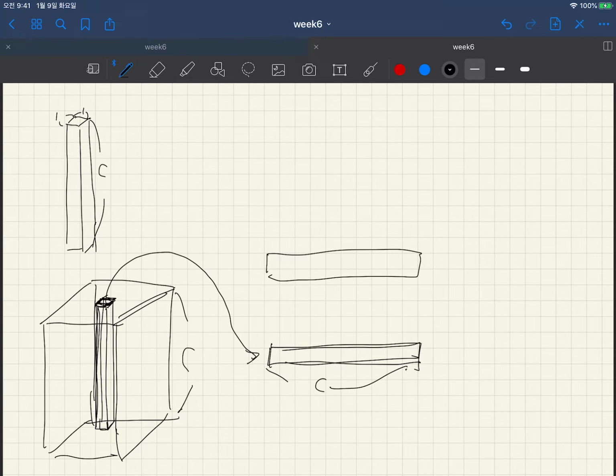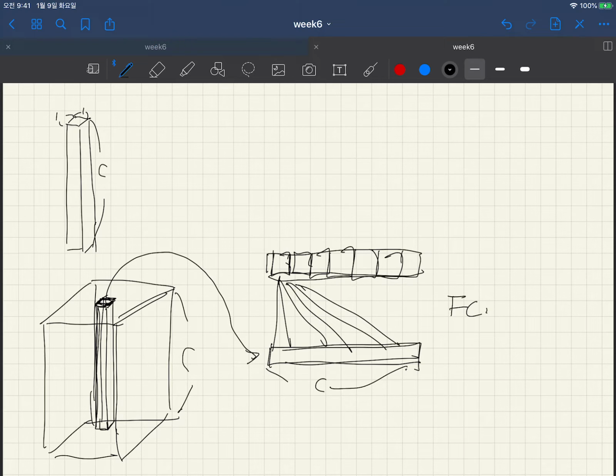The 1x1 convolutional filter is basically a fully connected layer. The fully connected edges consist of weights that come from the 1x1 filters.